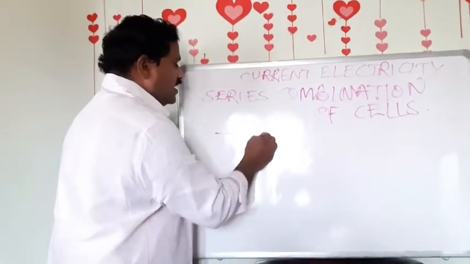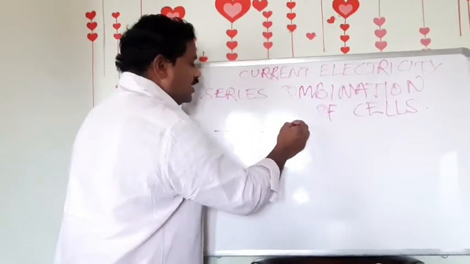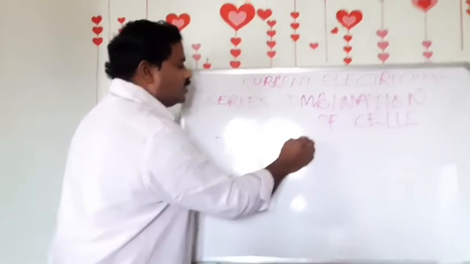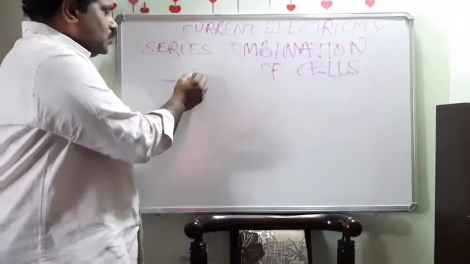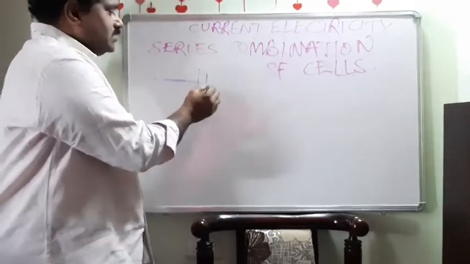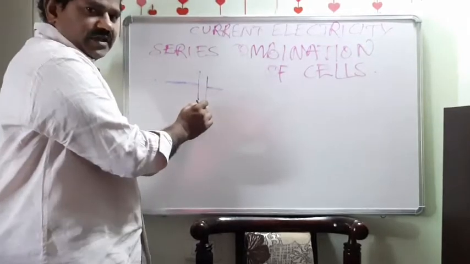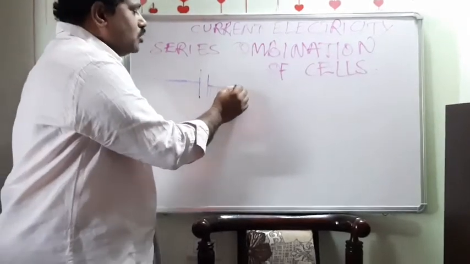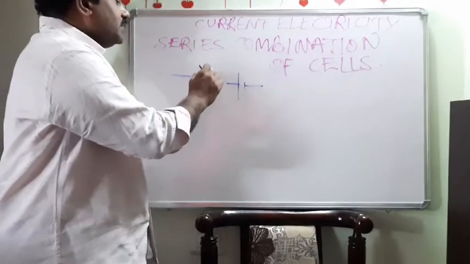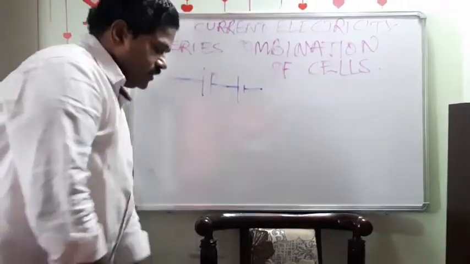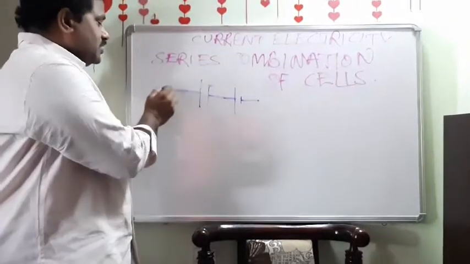When we connect two cells in such a way that the negative terminal of a cell is connected to the positive terminal of the other, this way of connecting the cells we call a series combination of cells.